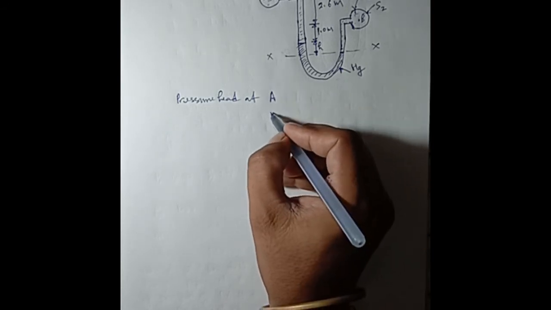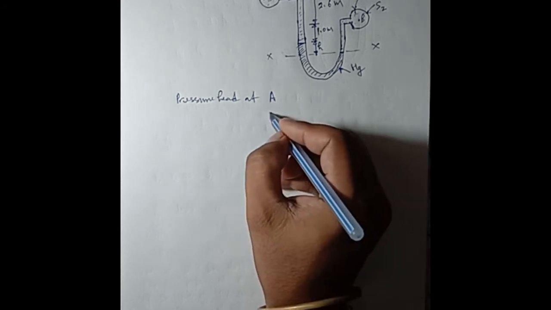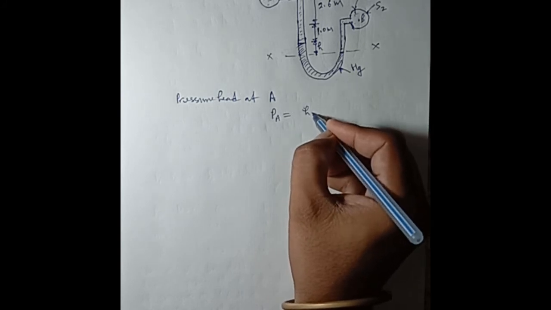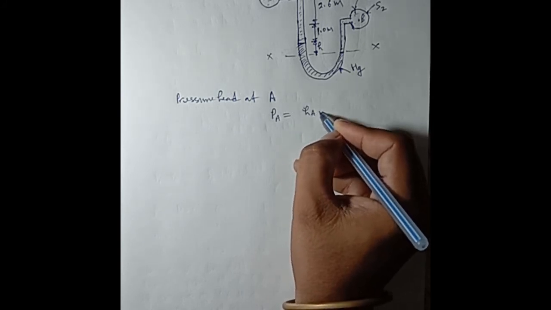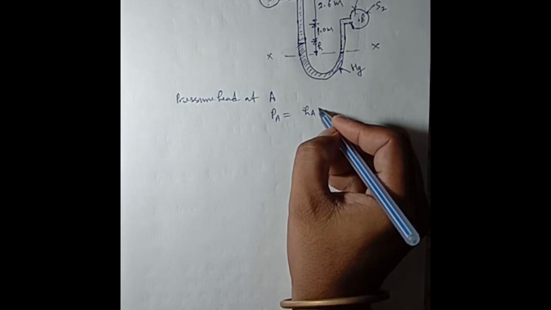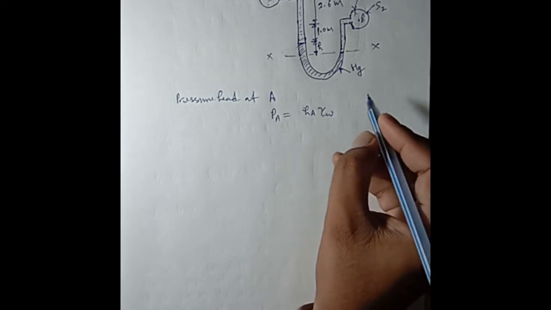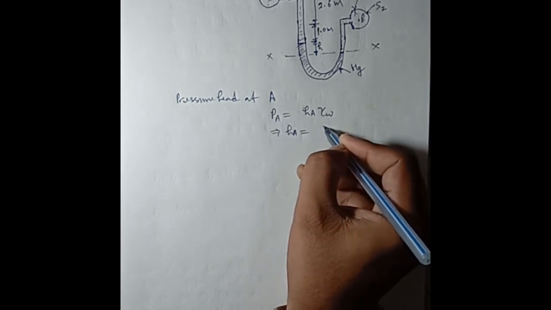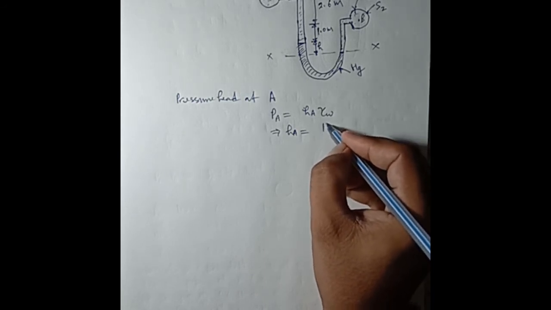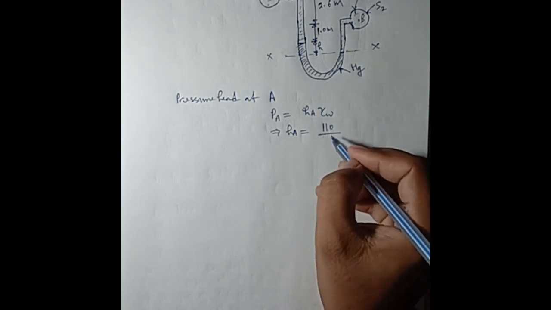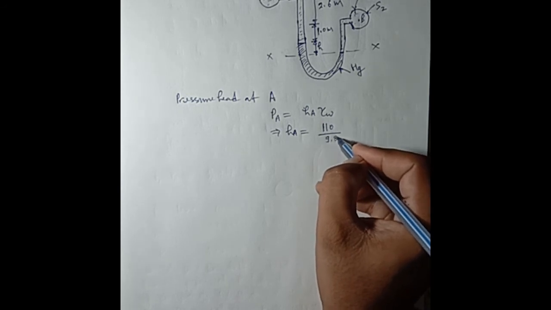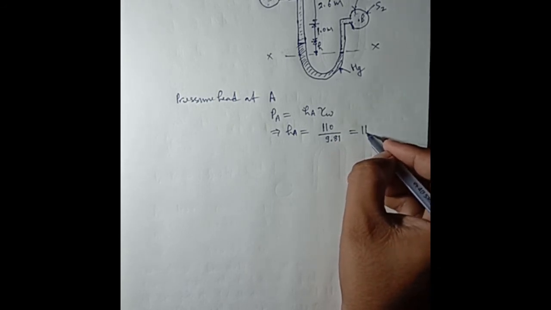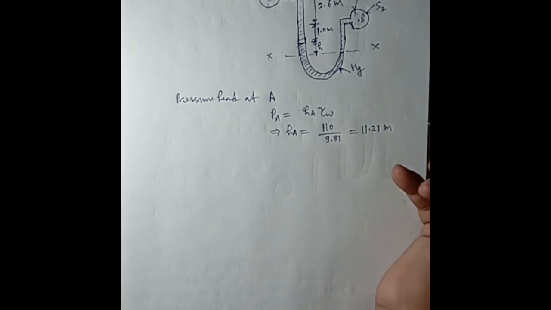PA is equal to HA into gamma W. Therefore, HA is equal to 110, this is the given, upon 9.81, which is calculated as 11.21 meter.